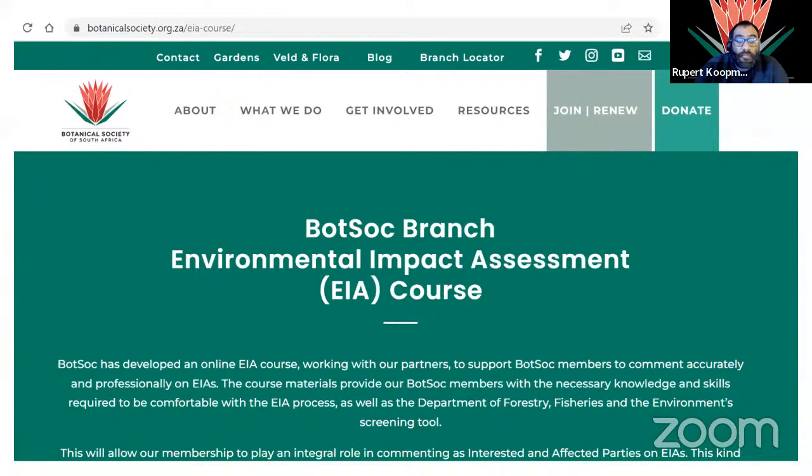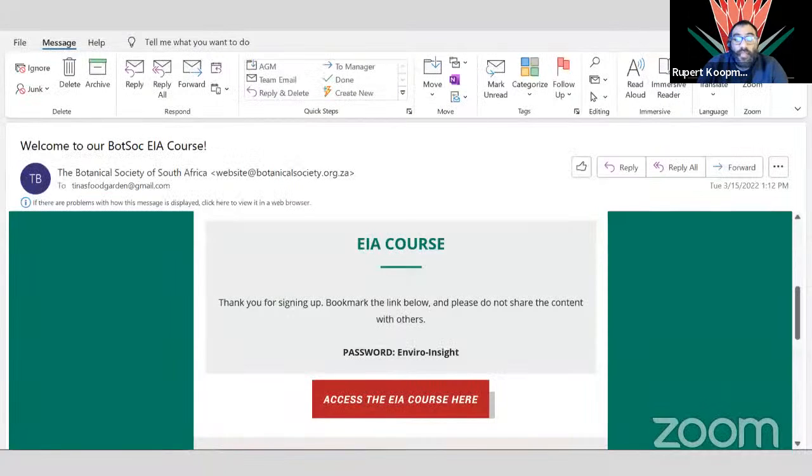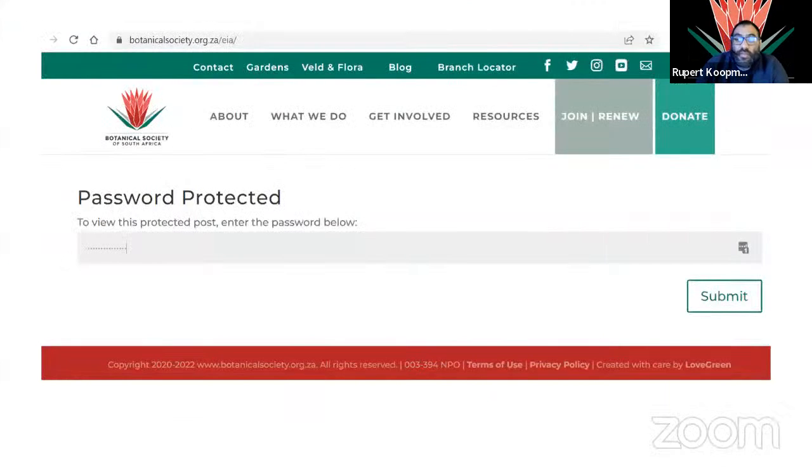So that's what it looks like on the website. Sign up, put in your member number, etc. Sometimes with these automatic mailers, you'll have to check your trash or spam folder if it hasn't gone to your inbox, and there you will get the passwords.